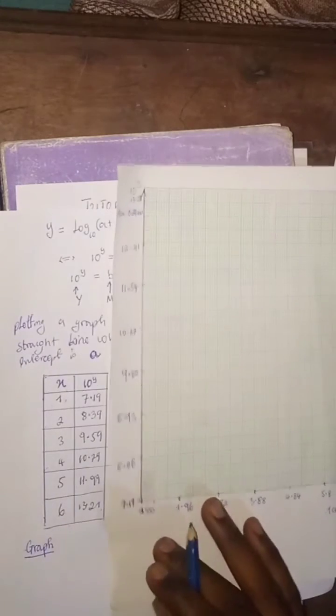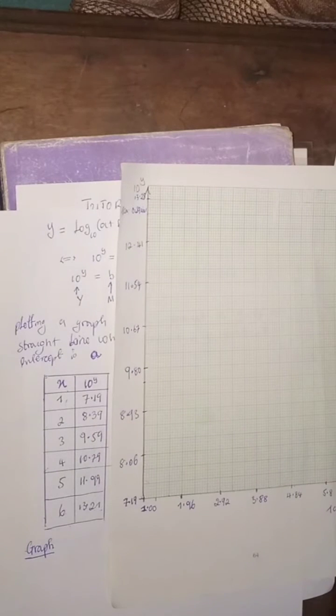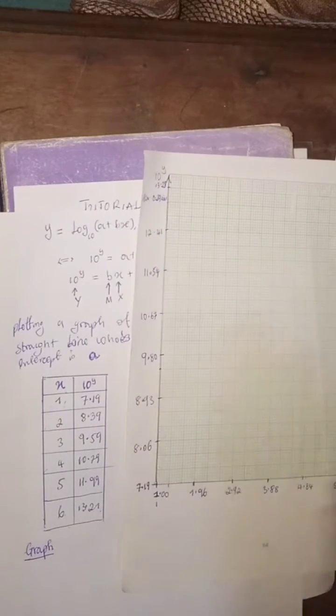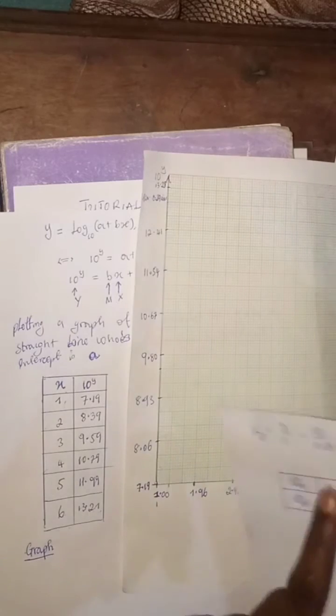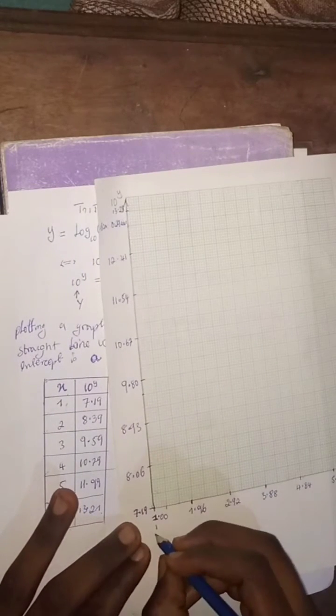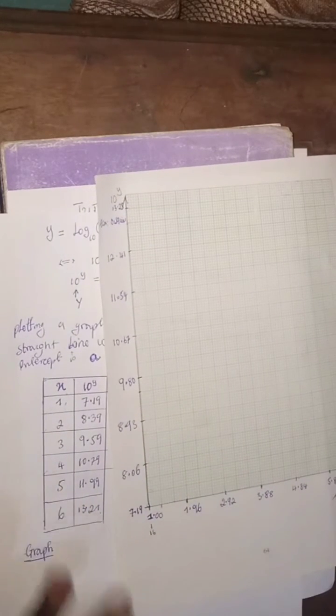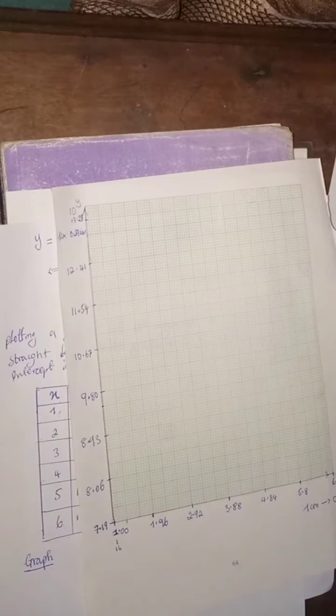Remember, 1 represents the first value, and on the table for whole numbers it represents 16. So I'll put 16 here. You can write with a pencil, because at the end you will not indicate it on your answer sheet. At the end I'll erase that.